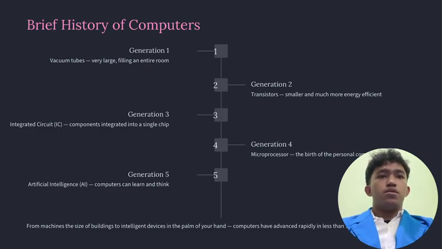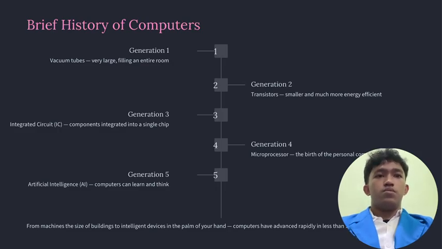Generation 2 began using transistors, making machines smaller and much more energy efficient. Generation 3, the arrival of the integrated circuit, or IC, where many components were combined onto a single small chip.